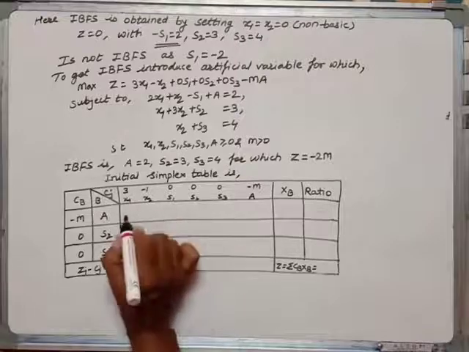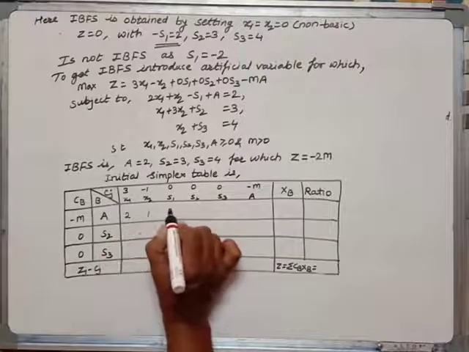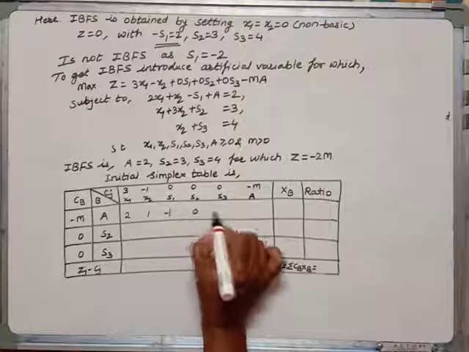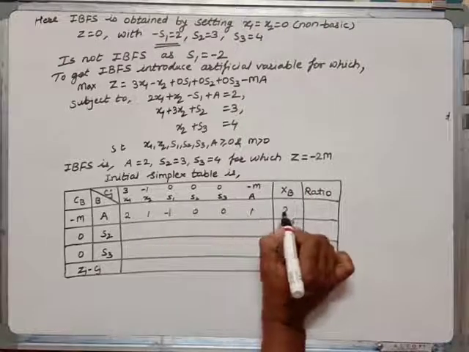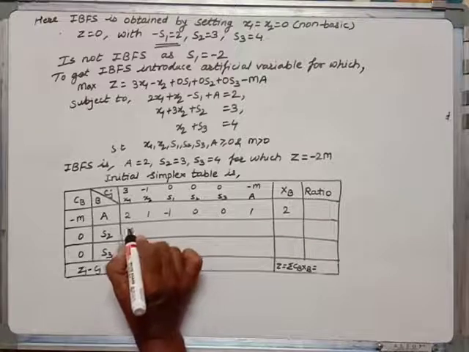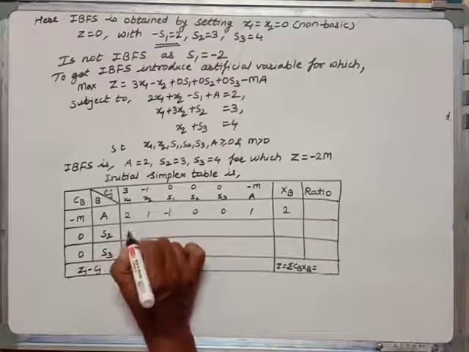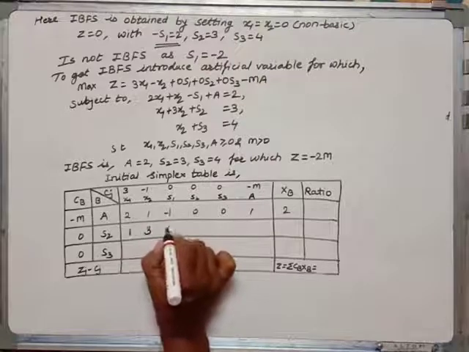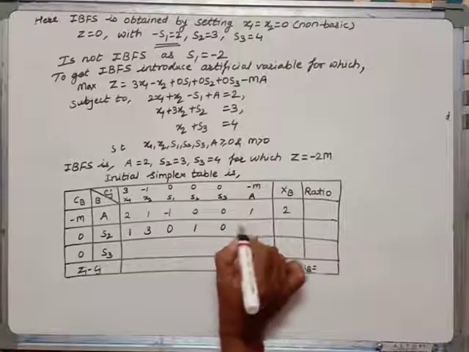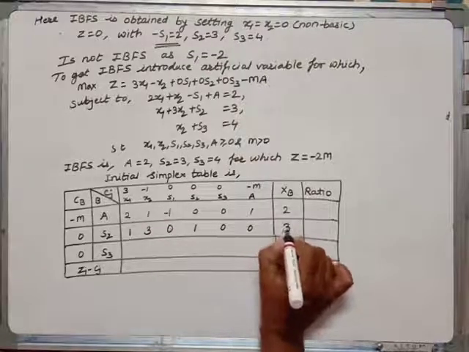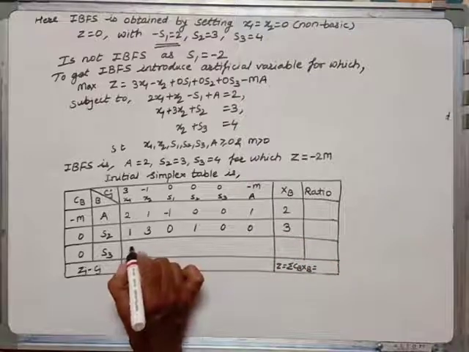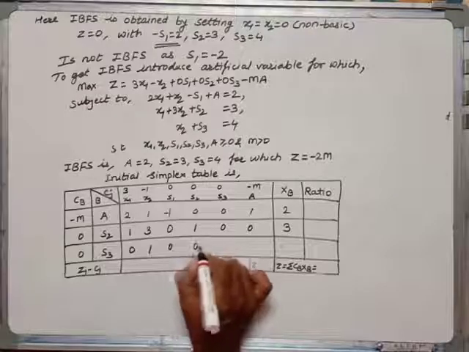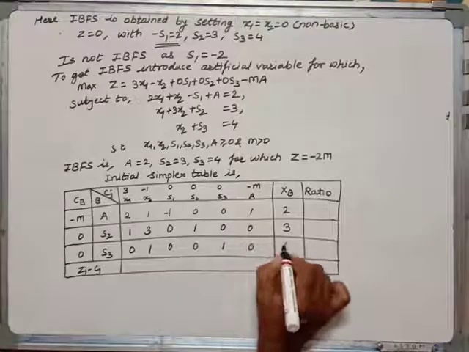Now here we get 2, 1, minus 1, 0, 0, 1 and here 2. Now here 1, 3, 0, 1, 0, 0, 3. Now third one 0, 1, 0, 0, 1, 0, 4.